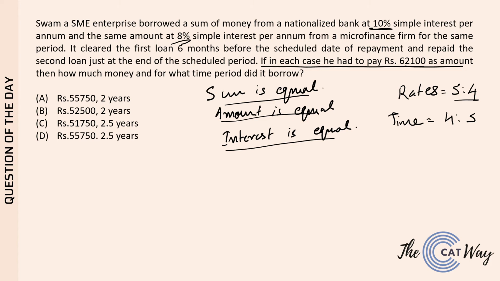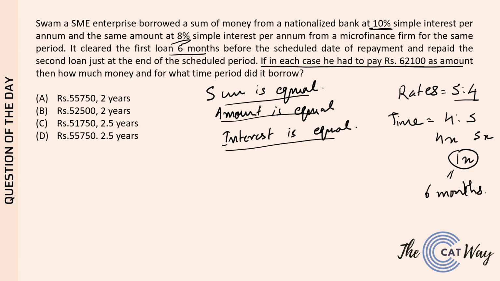Now in the question it had said that they were taken as a loan for the same period, but the first loan was cleared 6 months before the scheduled time. So let's consider this as 4x and this one as 5x. The difference is coming down to 1x, and that 1x is equal to the given 6 months, because that's the difference.